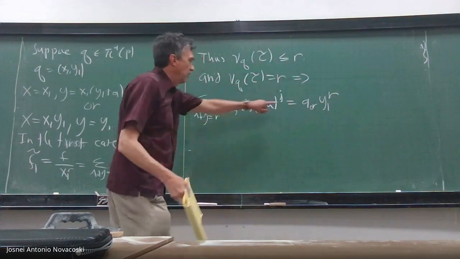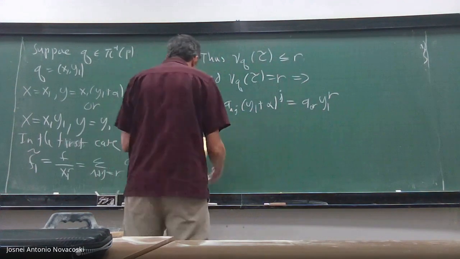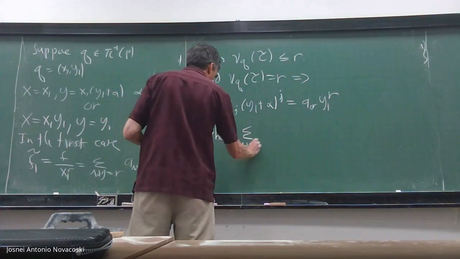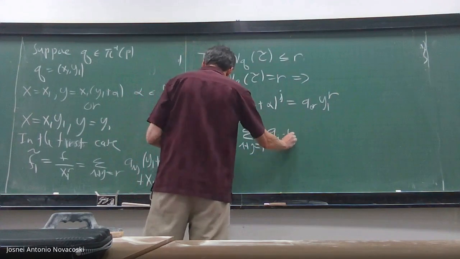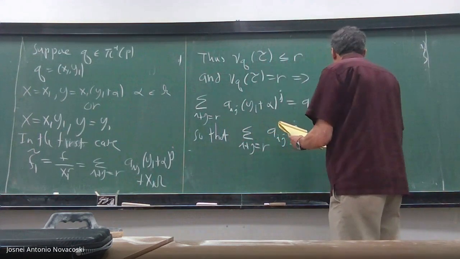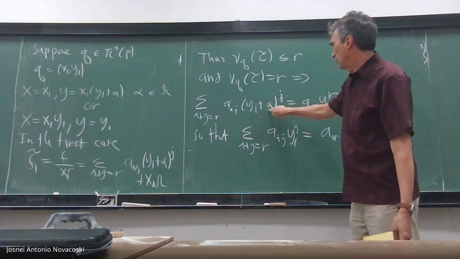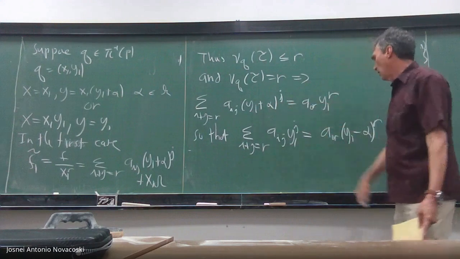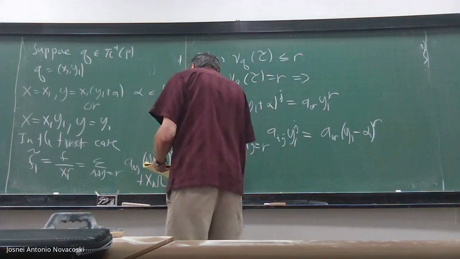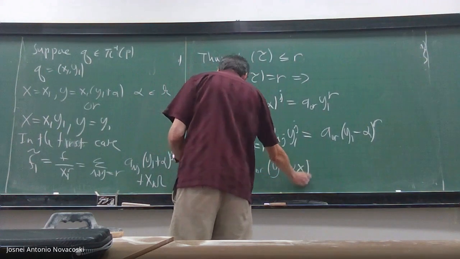See, if there were any other terms that are non-zero than this one, then it would have to drop to be less than that, so that one can then write that the summation i plus j equal to r of a_ij y1^j was equal to a_0r (y1 minus alpha)^r, because you just substitute here, say y1 plus alpha, set that equal to y1, so y1 becomes y1 minus alpha, and then we have L is equal to a_0r (y minus alpha x)^r.